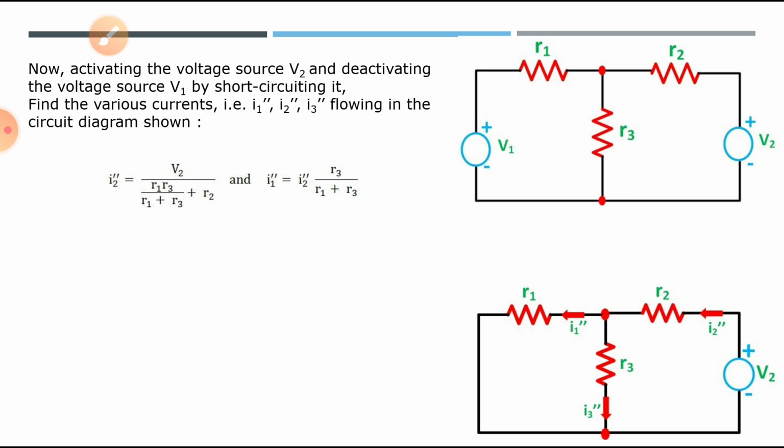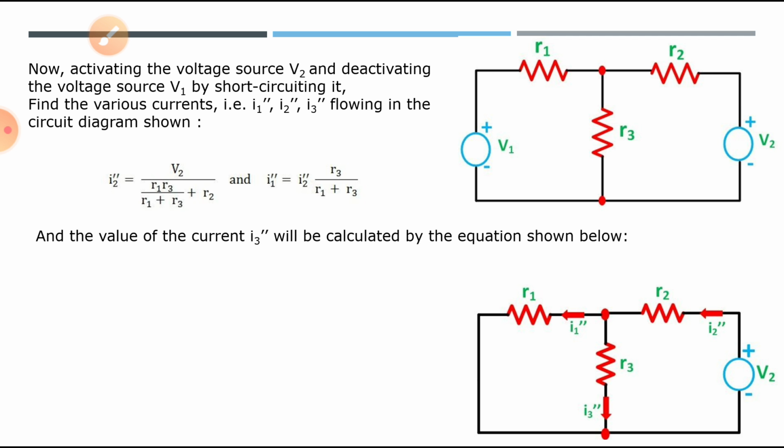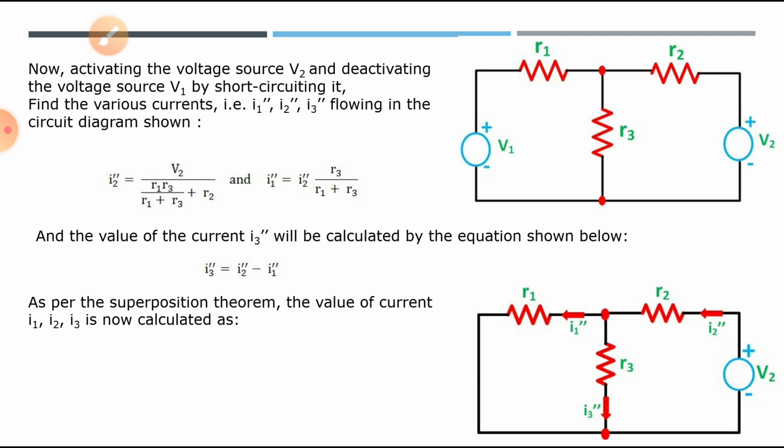As per the superposition theorem, now what is the value? So, I1, I2 and I3 are calculated. Now in each element, I3, the current flowing in the R3 element, is equal to... both times the current direction is the same, only the bottom direction.